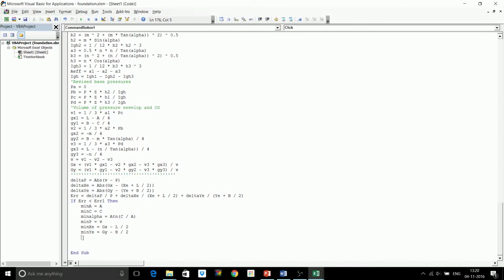And then what I need? Effective area. Min A effective is equal to A effective. What else I need? Then error 1 equal to error, and then it will loop again.